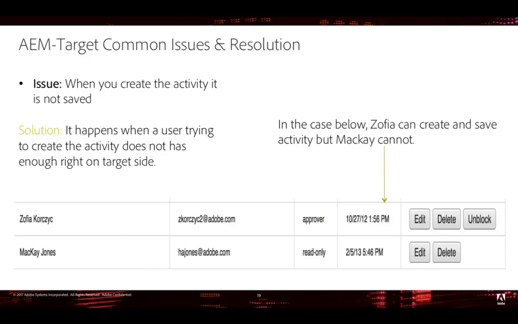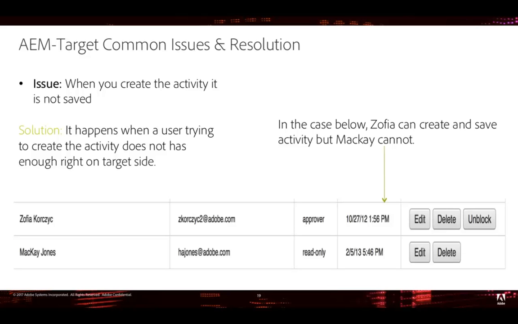There are several times you might run into a situation where you're trying to create a new activity on your AEM page and it's not saving. The reason here could be as simple as the user access or the permission the user has. Now you must be wondering which user we are talking about here. This is the same user which you used to sign in to Adobe Cloud Service for your Adobe Target account. Let's take an example. Do you see the screen here, which has two users, Zofia and McKay?